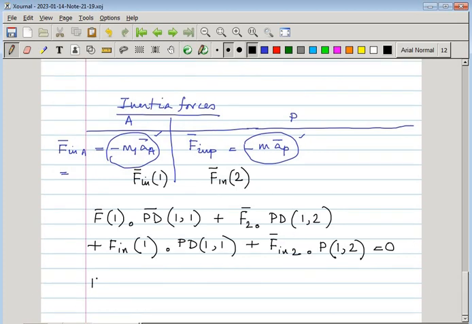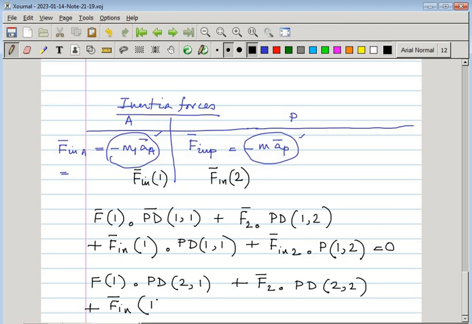And then PD 2 1, that is the second row, F1 plus PD 2 2 F2 plus PD 2 1 F in 1 plus PD 2 2 F in 2, these are also vectors, equal to 0.